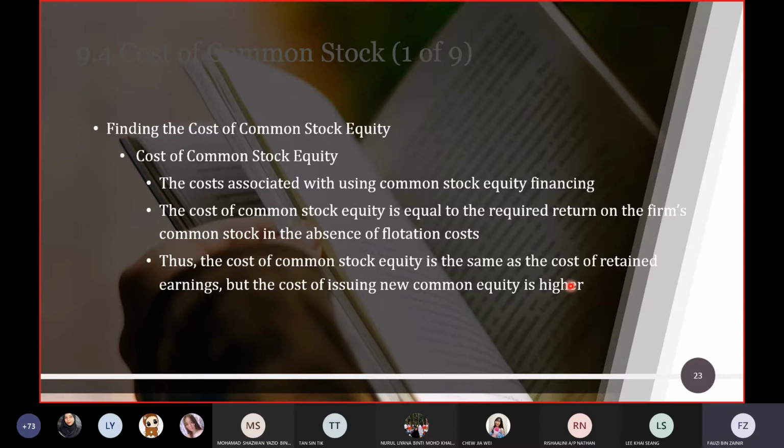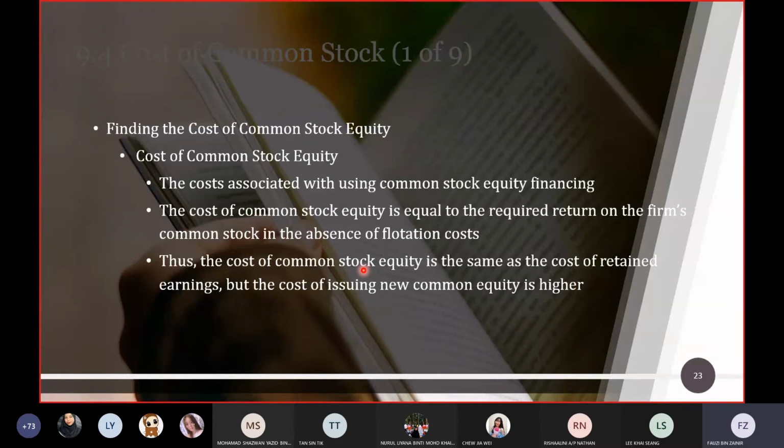When calculating the required return, there are not going to be any administrative or flotation costs incurred, because we are just going to dip into our own retained earnings or retained profit, as opposed to issuing new shares.